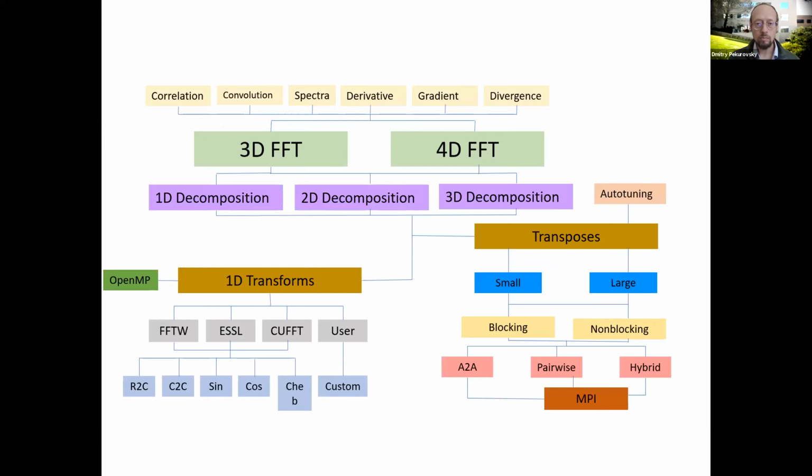This is a diagram giving an overview of the structure of the library. At the very top, we have the high order features that I mentioned: correlation, convolution, spectra, derivative, gradient, divergence. Then on the next level, there are 3D transforms and, in the future, 4D transforms. They can be implemented as a 1D, 2D, or 3D decomposition of the processor space.